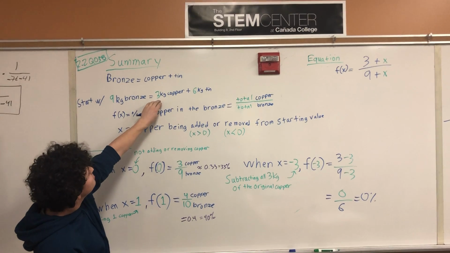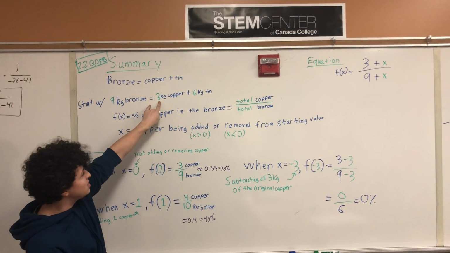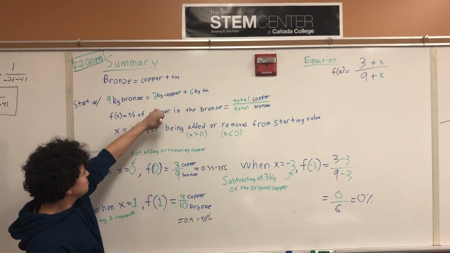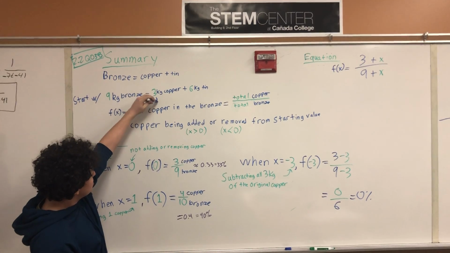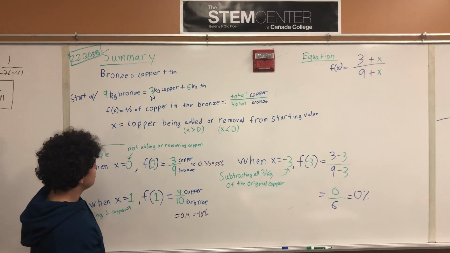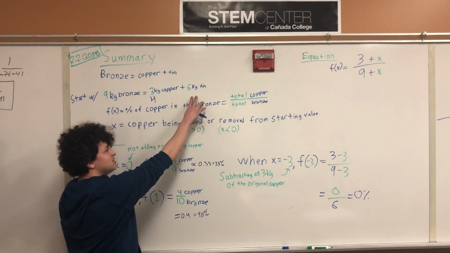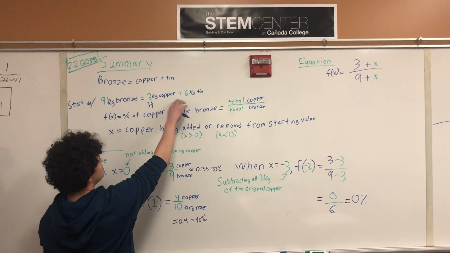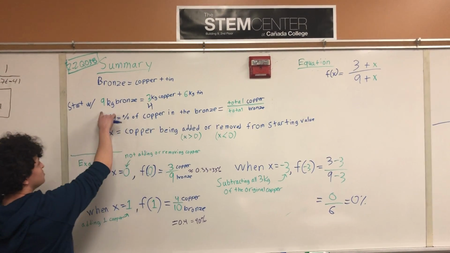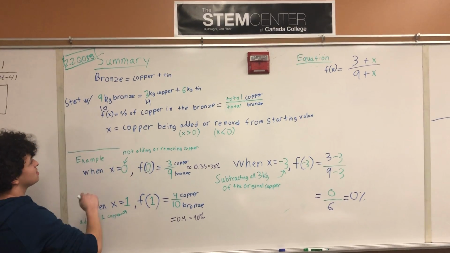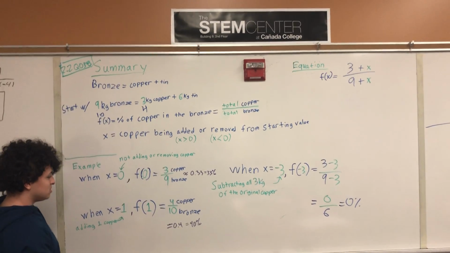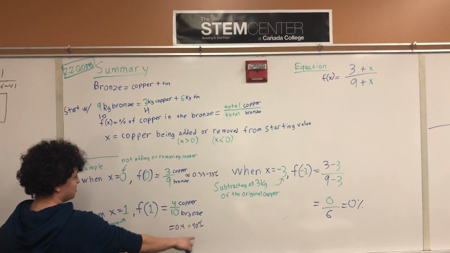If you added 1 copper to 3 kilograms, it would become 4 kilograms of copper. And then the tin stays the same, so it would be 4 plus 6 equals 10. So that would be your new ratio, which is 40%.